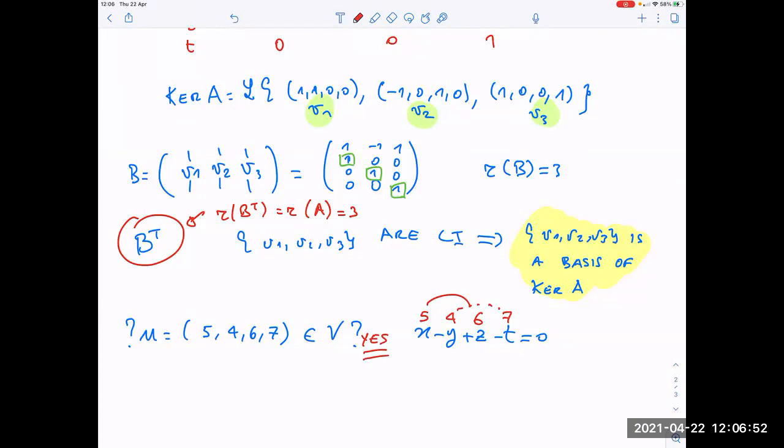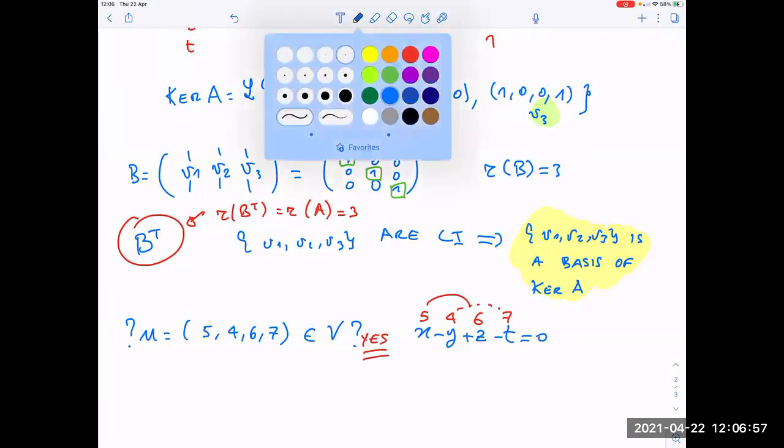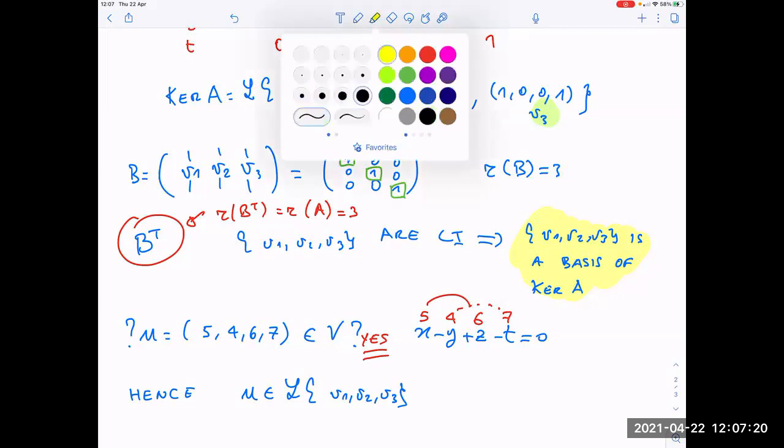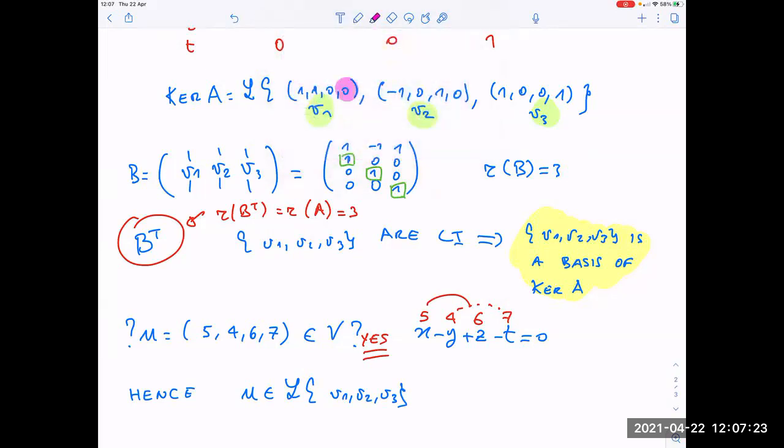But if it is inside V, then it must be a linear combination of v1, v2, and v3. So hence, u is a linear combination of v1, v2, and v3. Now, in this situation, it is not difficult to see what you have to do, because you see, the last component of any linear combination of these three only depends on v3, right?